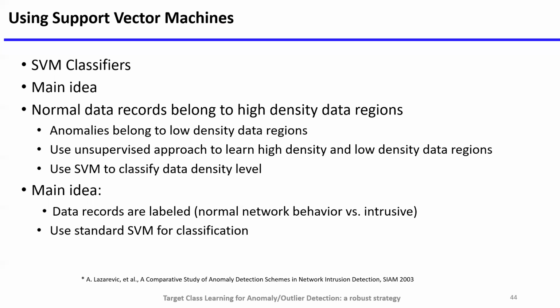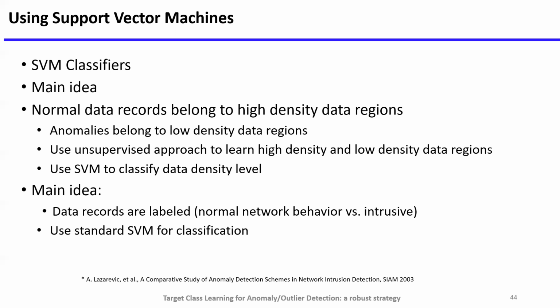So basically, the classification approach will work with the help of an unsupervised approach, so that we can learn which parts of the data have high density representation and which have low density representation.